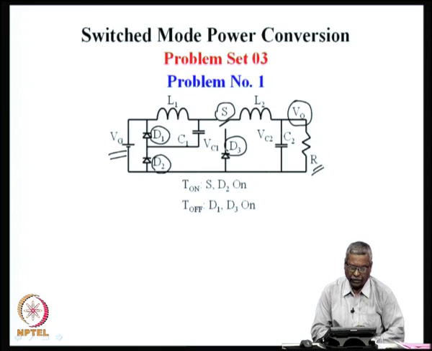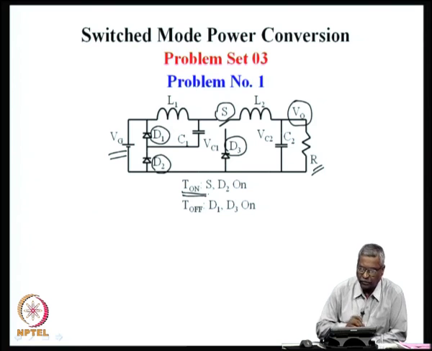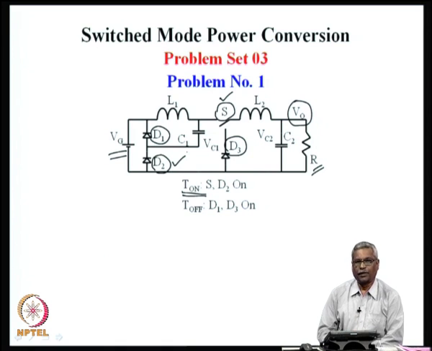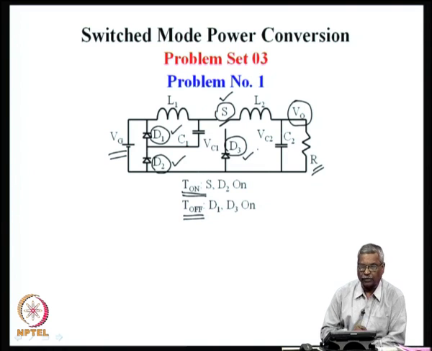During the on time of a switching cycle, which is T on, the switch S and the diode D2 are on. And during the off time of a switching cycle, the diode D1 and the diode D3 are on.